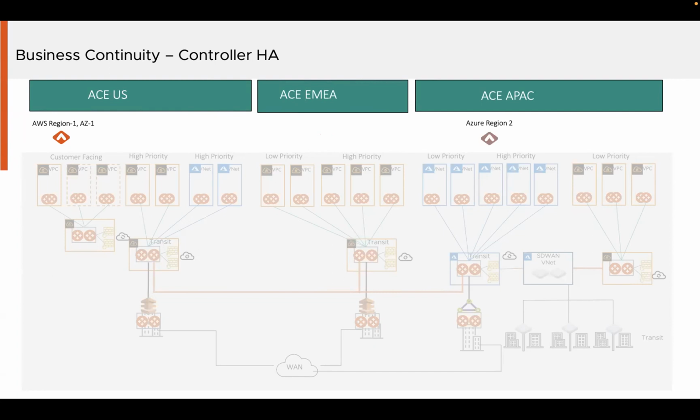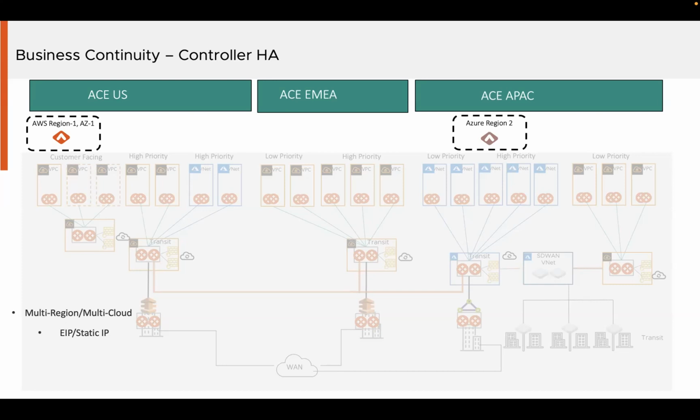Again, for multi-region and multi-cloud, there are certain things which you have to consider. For example, the allocation of static IPs or EIPs for your cold standby Aviatrix controller. You have to have that, because at the time of panic, you really don't want to do something which you have not done.